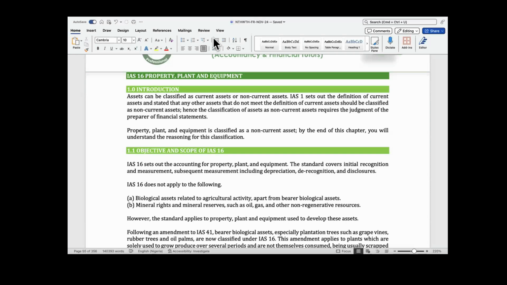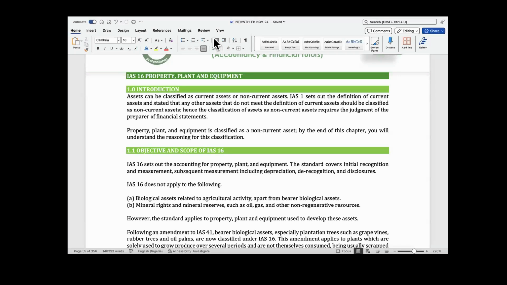Now, what we want to do is to start picking each item in those statements one by one. I'll be teaching you how to treat each of these items in the financial statement. That's how we'll continue until you are able to treat all of those items and prepare financial statements comfortably.